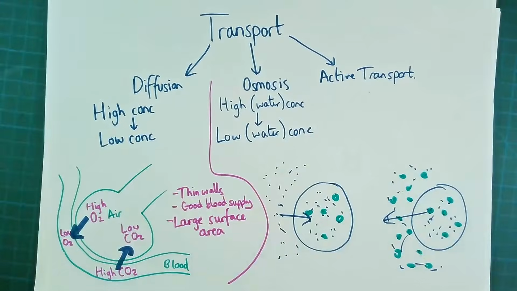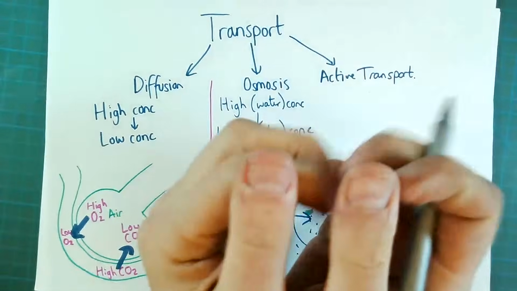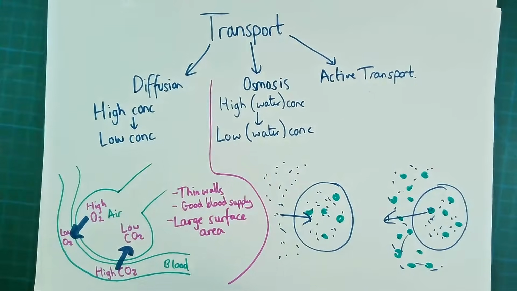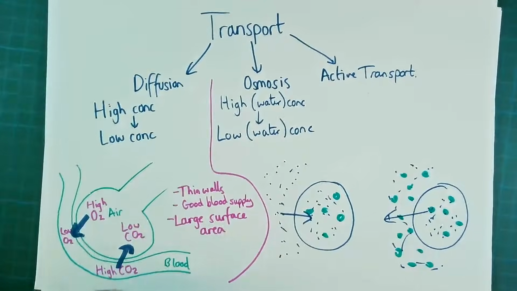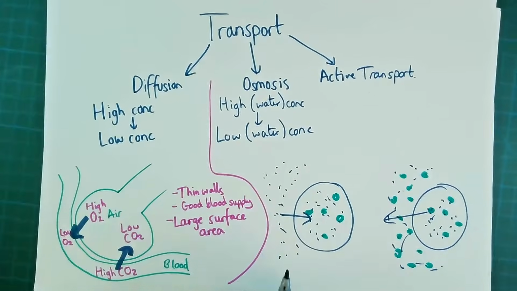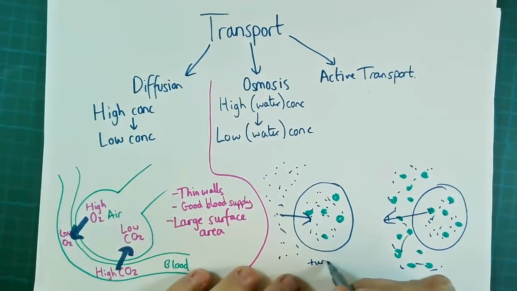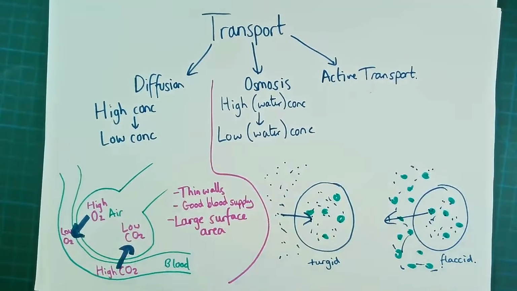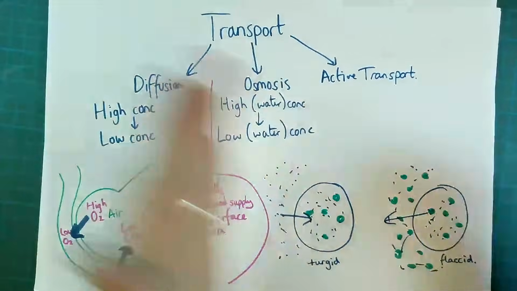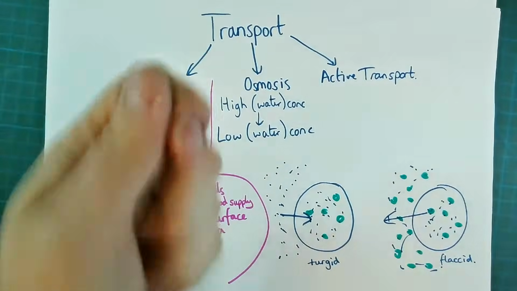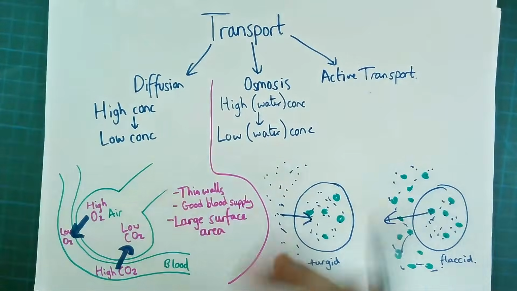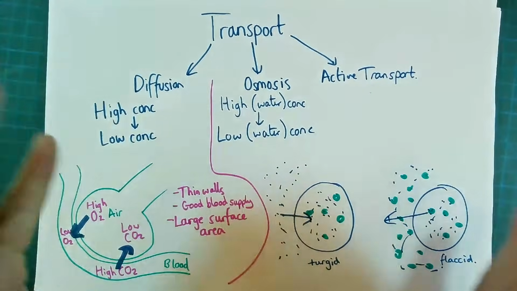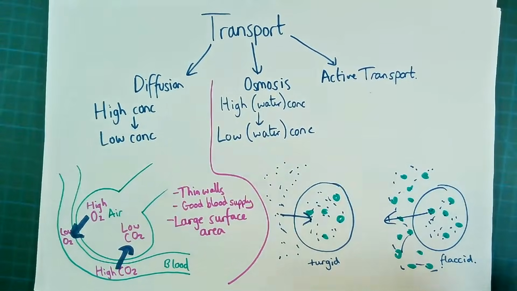So the water moves out. That means the cell would get all, now that's technically called flaccid. And this one will get pumped up and that'll become turgid. So this one becomes turgid, and this one becomes flaccid. Okay, and then you can imagine a halfway point where it neither goes in or out. In that situation, it's what we call isotonic and it will remain the same.